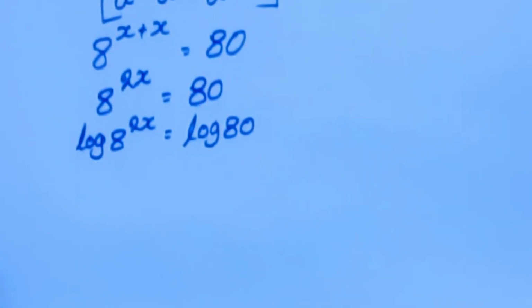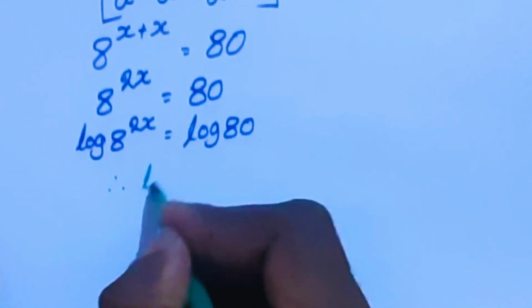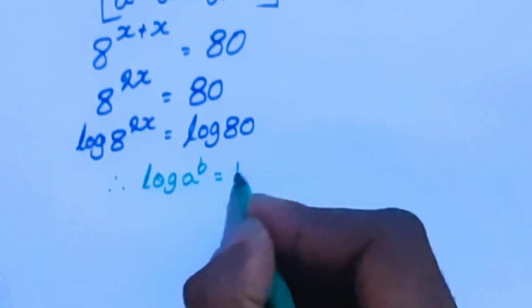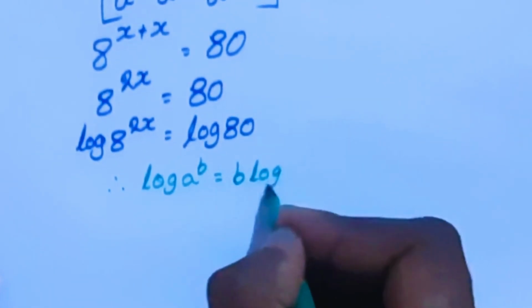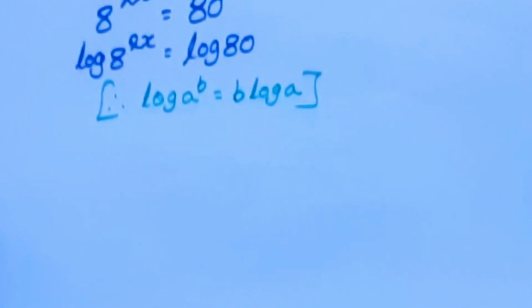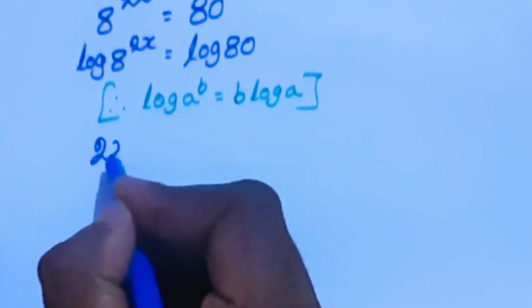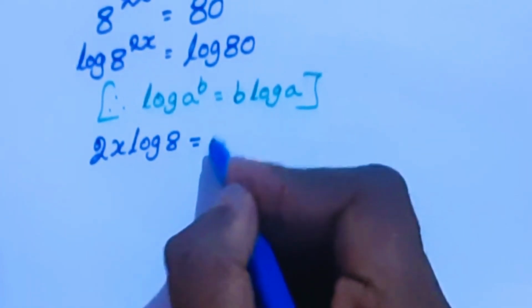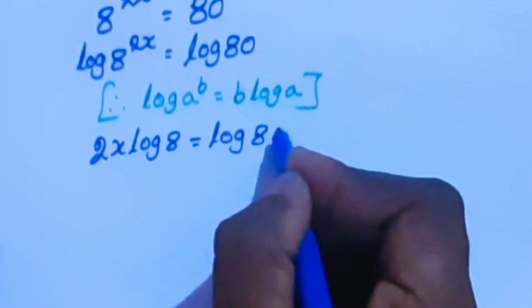Now we are going to implement this log power formula here. So we'll get log a^b equals b log a. This formula we are going to implement here. 2x log 8 equals log 80.